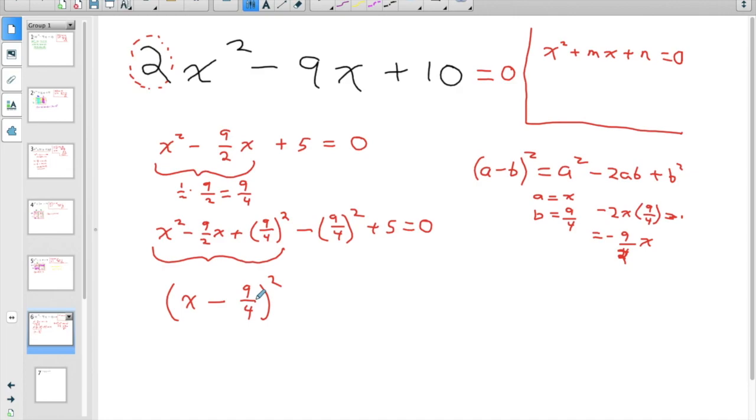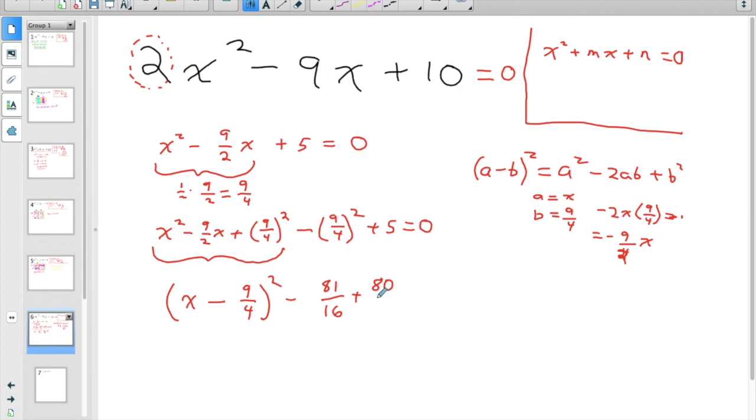We still have to do some work on the other end, though, because 9/4 squared is 81/16. And then we also have a 5, which I'm going to write in terms of 16. So we need to know what 5 times 16 is, which, if you're not quick with doing this type of math in your head, you can of course use a calculator.